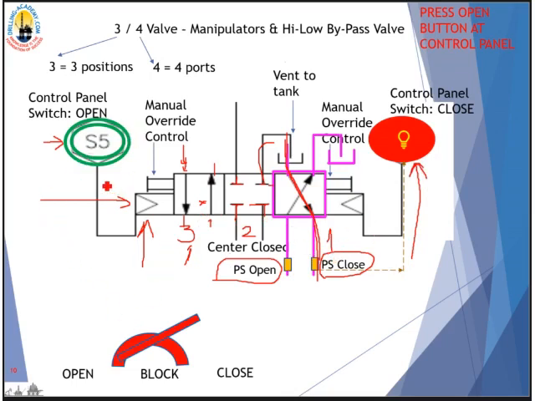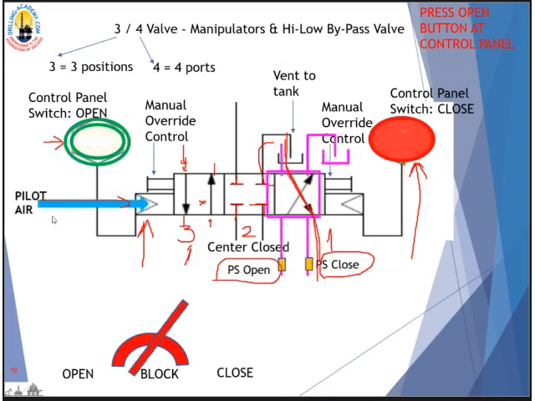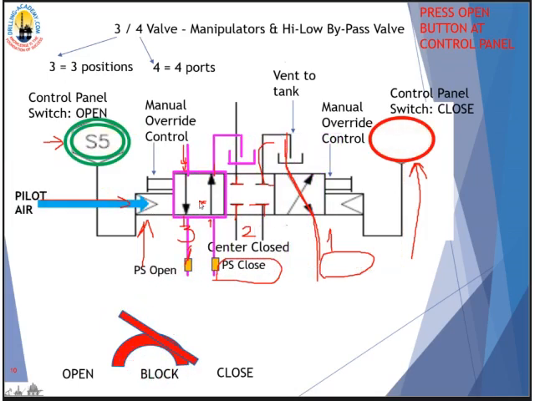Okay, let's take a look here. We press open, air acts on here, pulls the valve sleeve. All right, this light bulb is out. This light bulb is on. Okay, the fluid goes through here, down here, comes out here. Okay, the valve handle shifts from closed to open. See that?